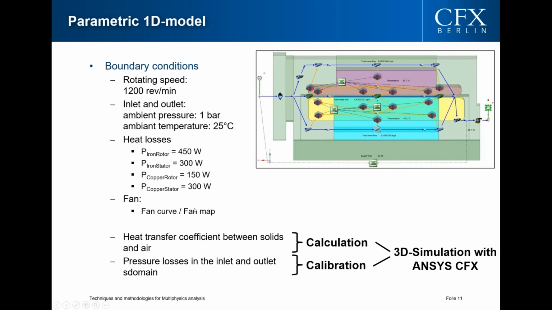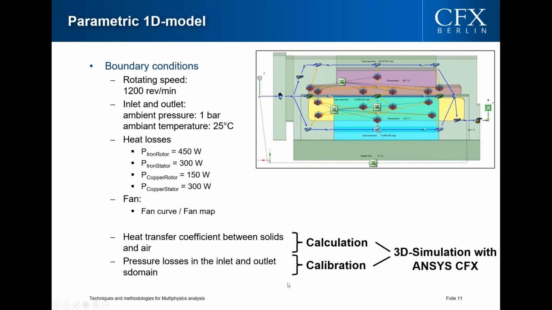Then you have to define the fan curve or the fan map for the fan, which provides the air in the motor. And then the very important point, in order to get accurate results for the simulation or for the temperature, you need the heat transfer coefficient between solids and air, and you need the pressure losses in the inlet and outlet domain.